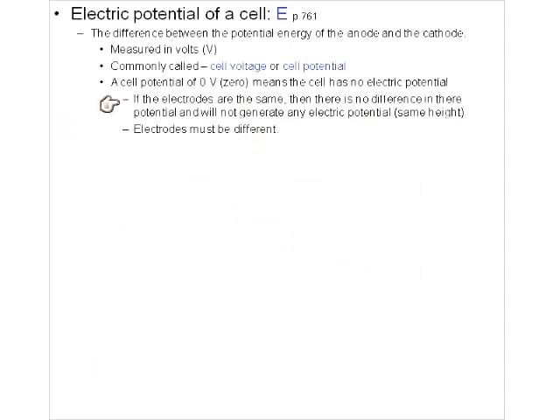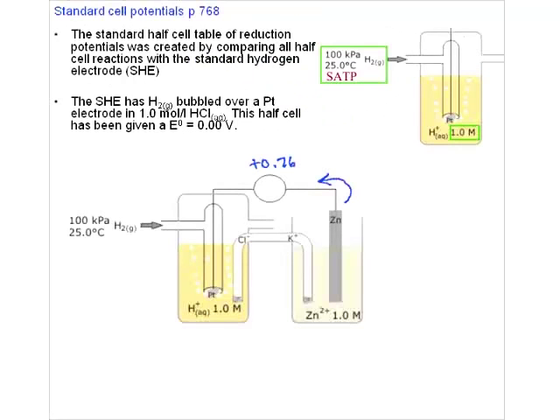So if we have the same metals hooked up, so let's say we had a zinc electrode connected with another zinc electrode, well, they're at the same height, so they're not going to produce any voltage because they're at the exact same energy, and the electrons are not going to fall from one to the other because neither of them are higher. So in this case, if we're going to create a cell, we must have different reactions happening in each electrode. Okay? So there we go. Now we want to be able to measure this very accurately.